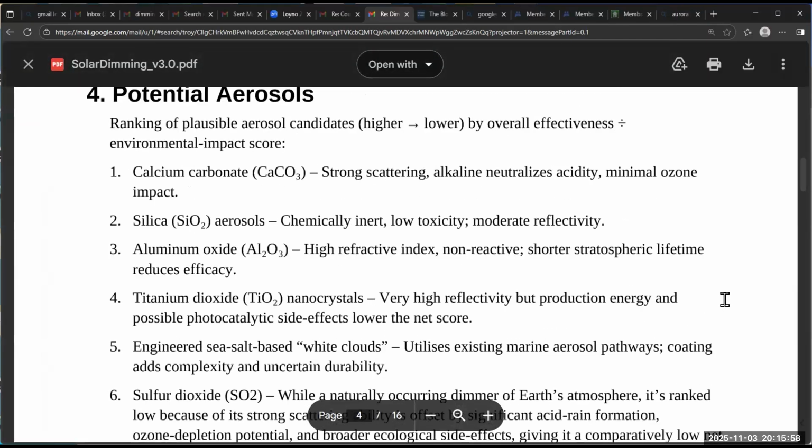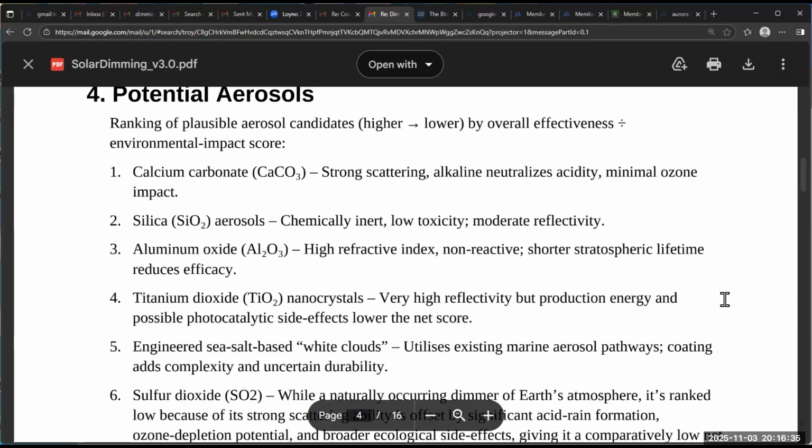Okay. Great. So I rank them by more or less the best mixing, or mixing is not the best word to choose. At the top of section 4, I talk about how they're ranked. They're ranked, high to low, by the overall effectiveness, factoring in environmental impact. So top of the list is calcium carbonate.